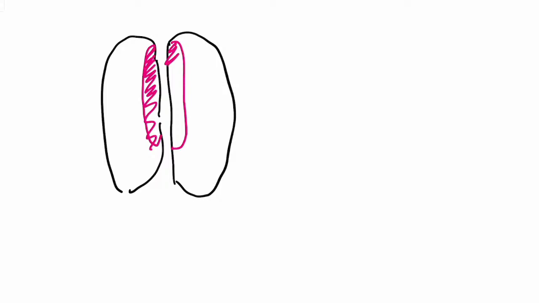So let me tell you one more thing, right? If this is the brain tissue, and there is an infarct involving the parafalcine location, this parafalcine location is supplied by the anterior cerebral artery.